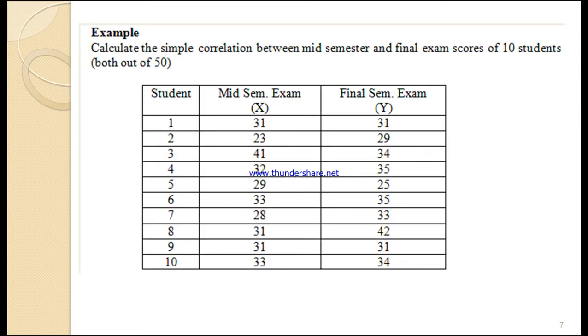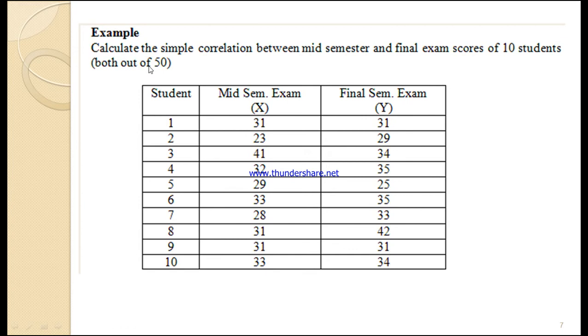Let us deal with correlation coefficients by taking one example. Suppose that we are going to study the correlation between two variables, i.e. mid-semester exam or midterm exam and final exam.